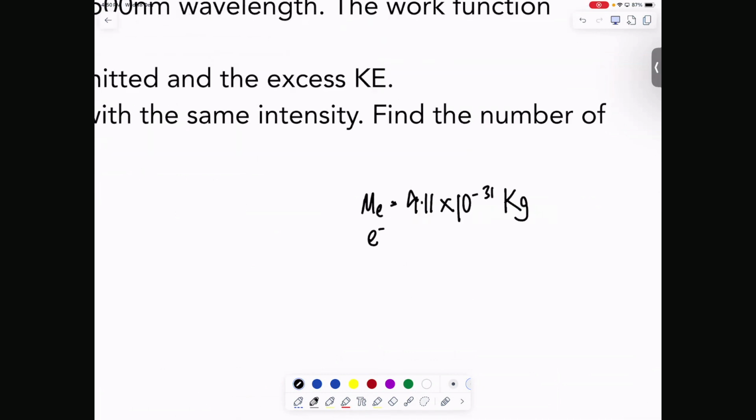The charge of an electron is 1.6 into 10 to the power minus 19 coulomb. Planck constant is 6.63 into 10 to the power minus 34 joule second.